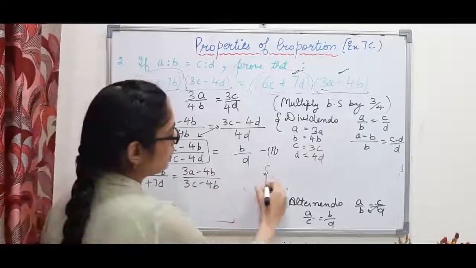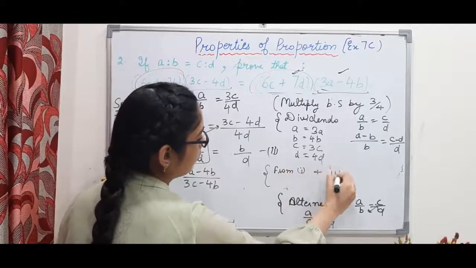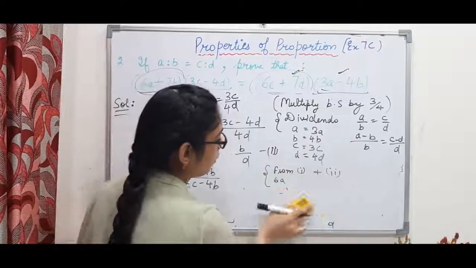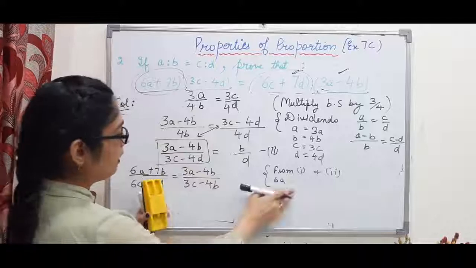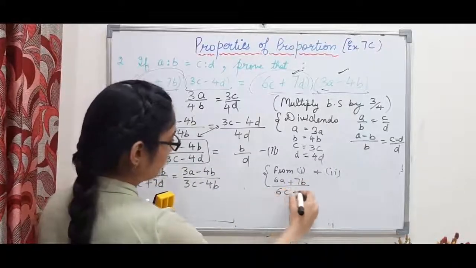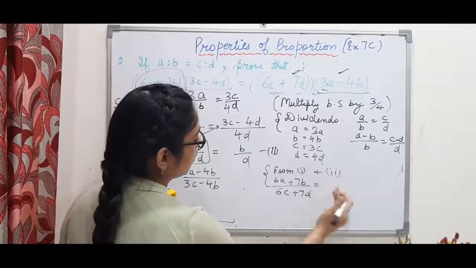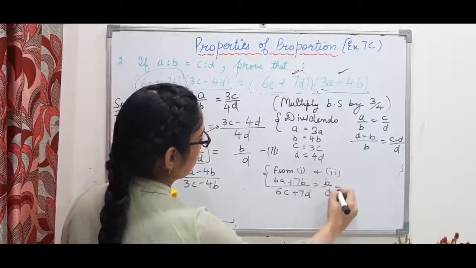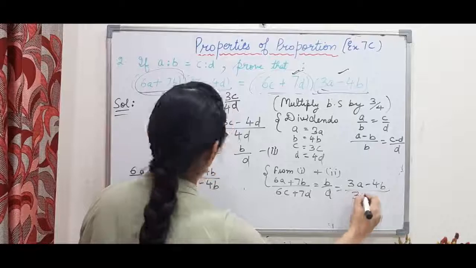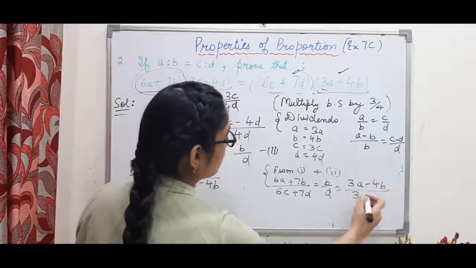You can mention the reason also from first and second. See properly, you have to write each and everything. 6a plus 7b upon 6c plus 7d is equal to b by d, and it is equal to 3a minus 4b upon 3c minus 4d.